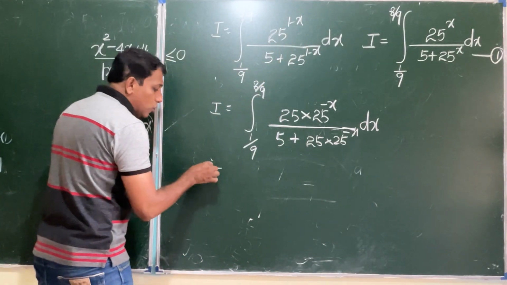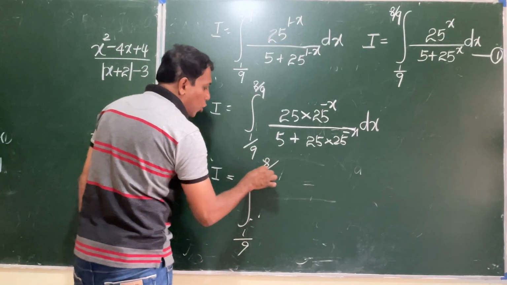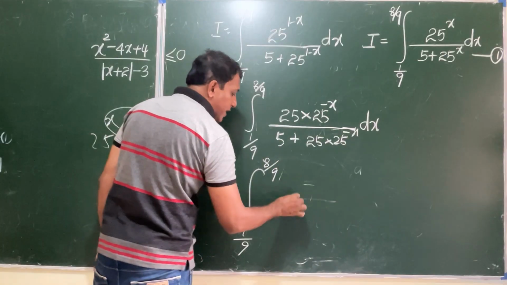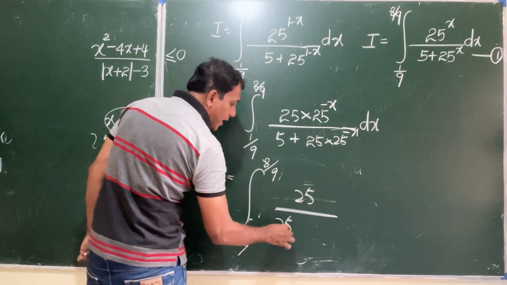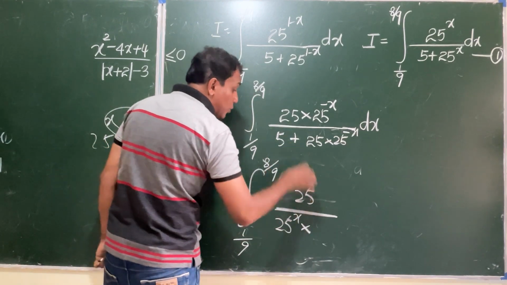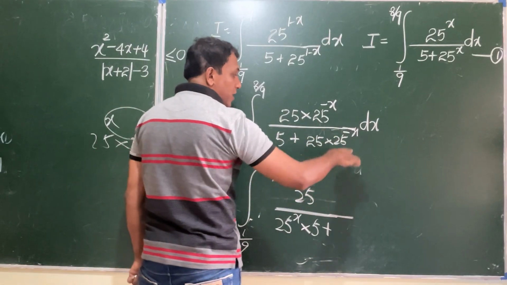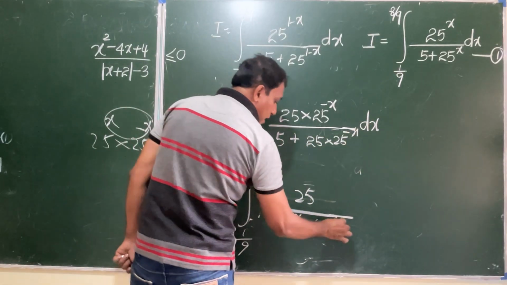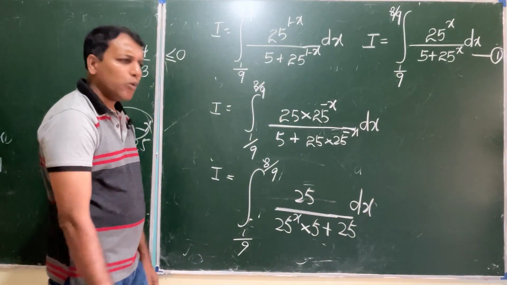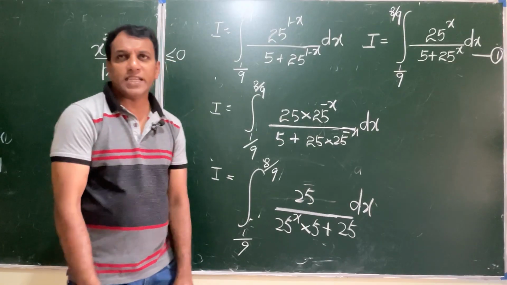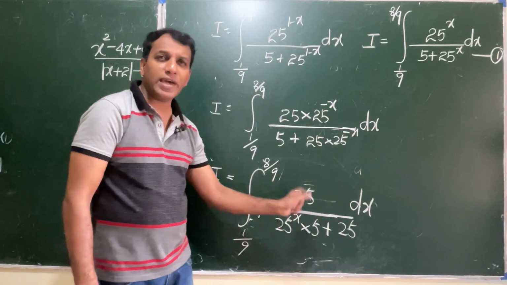So I equal the integral, 1 over 9 to 8 over 9. Here the negative power cancels, 25 only. This one is 25 to the power x into 5, and here if I simplify, 25 power minus x cancels, and the 25, say dx. Now can I cut by 25? Simplify by 25: here 5, here 5, here 5, they cancel.